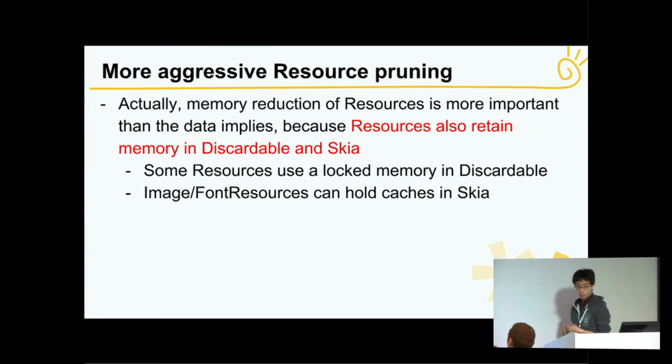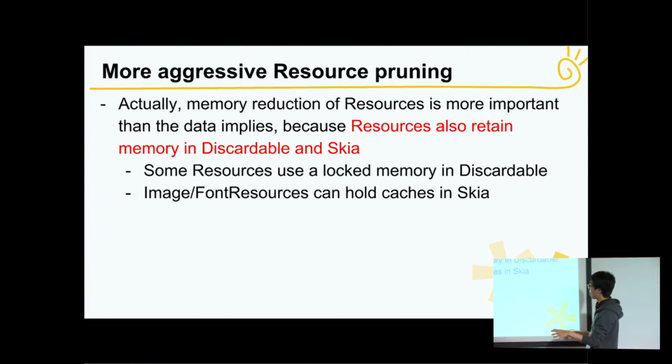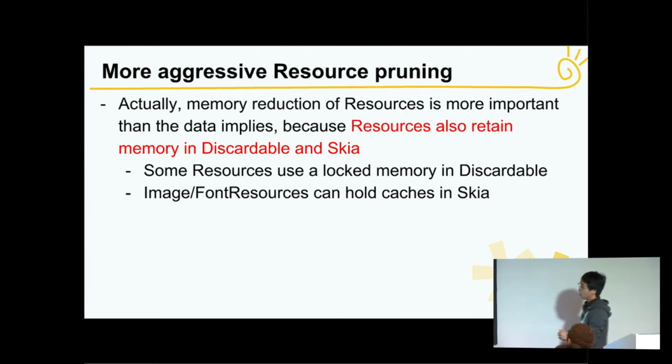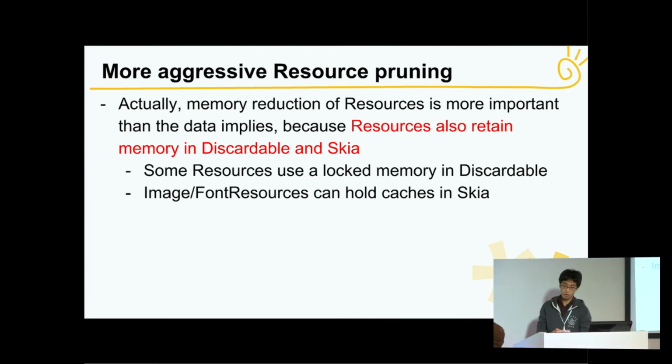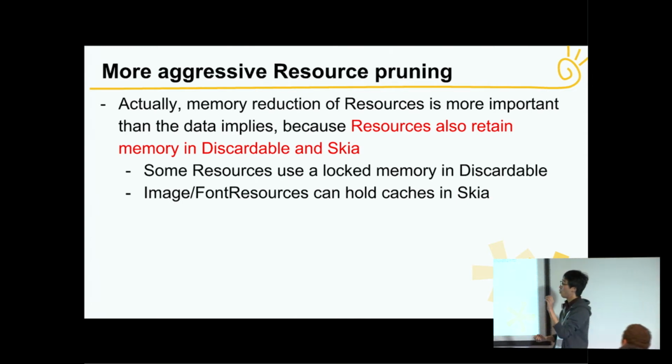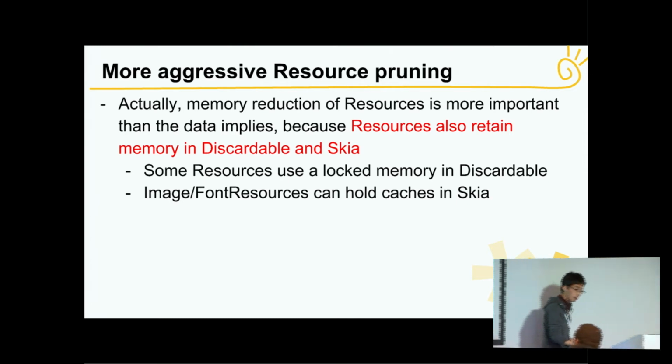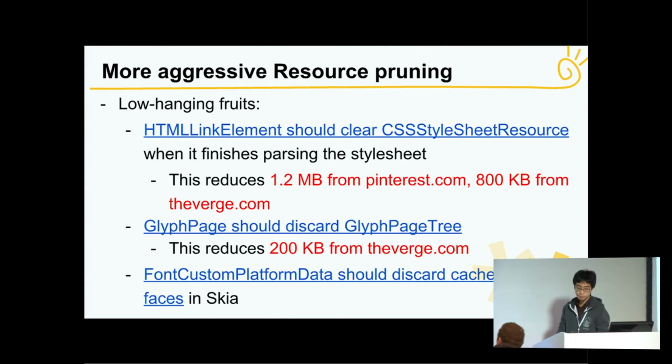And actually, memory reduction of resources is more important than the data implies, because resources also retain memory in discardable and scarce. Some resources use locked memory in discardable, and image and font resources can hold caches in scarce, for example. So it is important to understand what resources are retaining and reduce that memory.